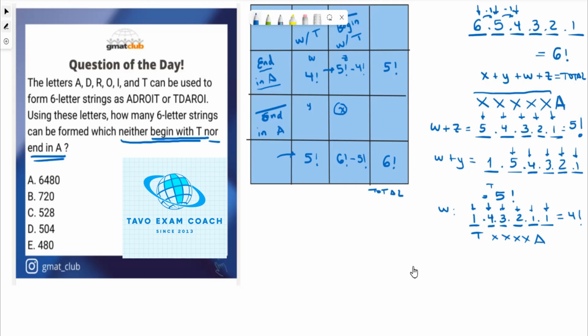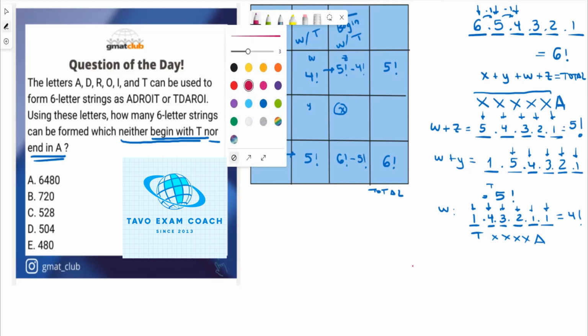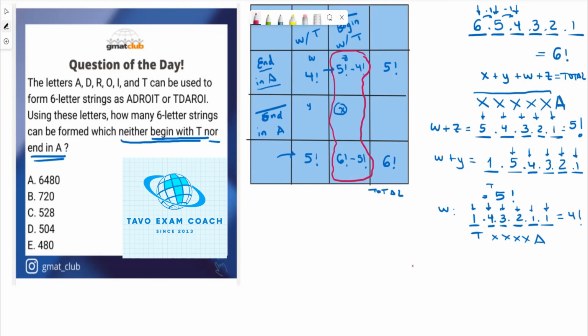So just focusing our attention on this column here, we could see that 5 factorial minus 4 factorial plus x equals 6 factorial minus 5 factorial. So the value of x would be 6 factorial minus 2 times 5 factorial plus 4 factorial.